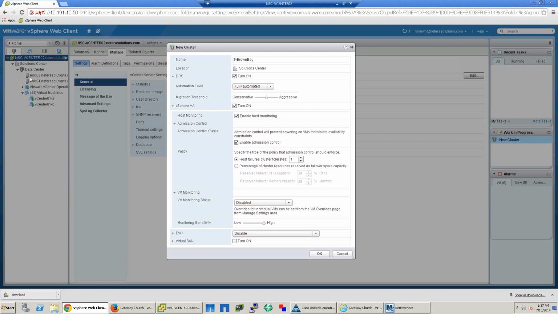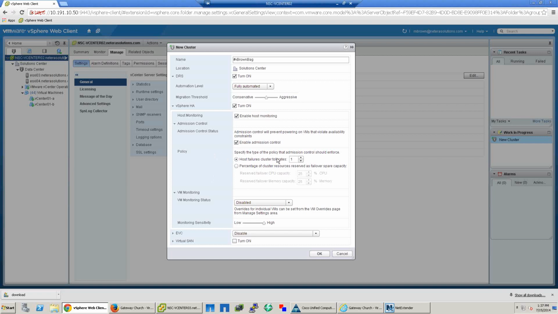What if your management network goes down, or a particular storage network goes down? HA can be configured to restart virtual machines on hosts that are still able to service them should something catastrophic happen to a host. In most cases, we're talking about a hardware failure of an ESXi host.